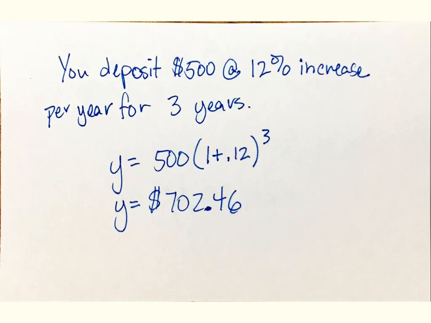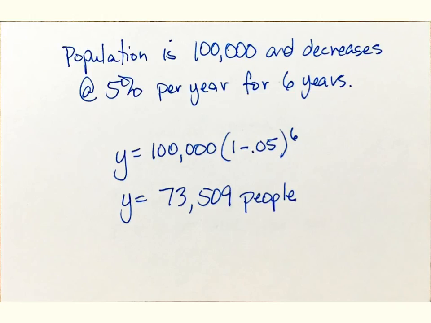Now let's look at a decay problem. In this situation, we have a population that starts out at 100,000 and it is decreasing at 5% per year for 6 years. So how many people will be left? Well, again, our initial amount is 100,000.